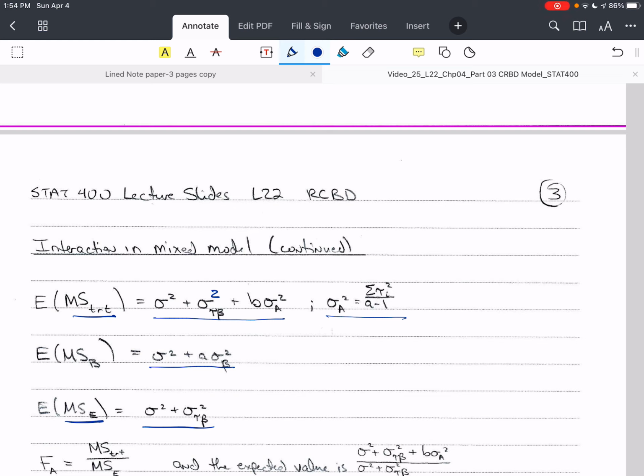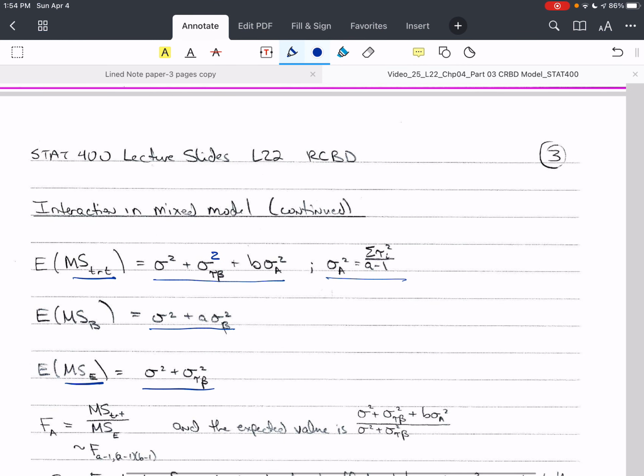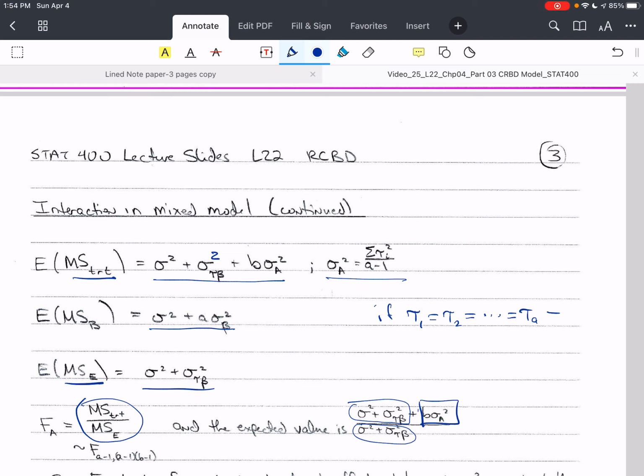Okay? And then the expected mean square of the blocks is simply sigma squared plus a times sigma_beta squared. If I take an F-test now of MSTRT over MSE, we look at the expected values and we see that in the numerator we have sigma squared plus sigma squared of tau beta, and we have the same thing in the denominator. The only difference between the numerator and the denominator is b times sigma_a squared. So if tau_1 equals tau_2 equals tau_a, you can show that they all equal 0 with a little algebra.